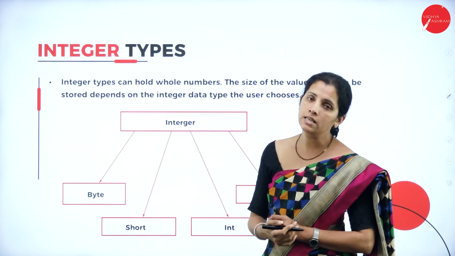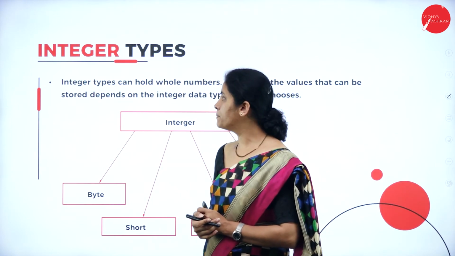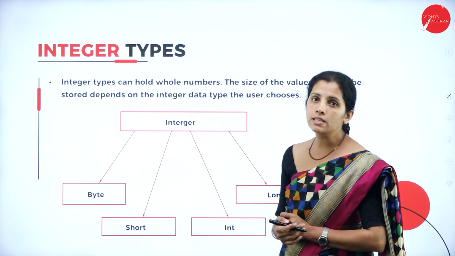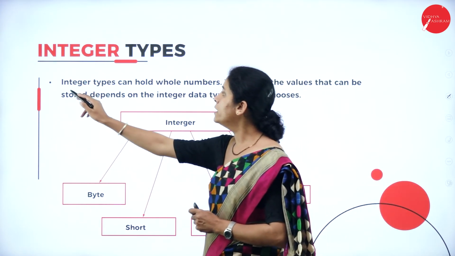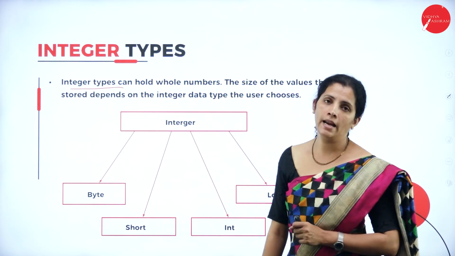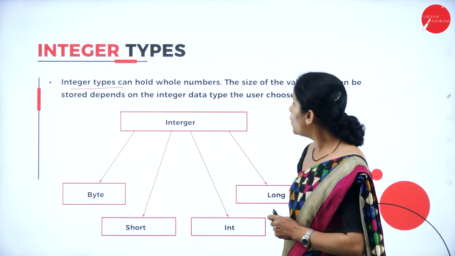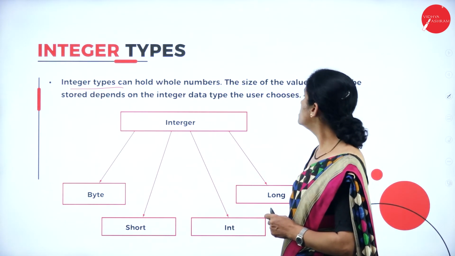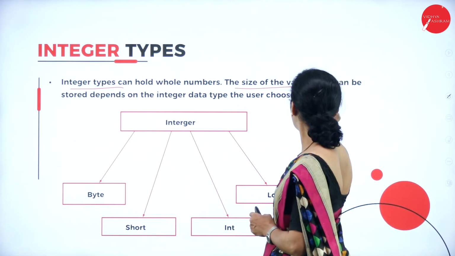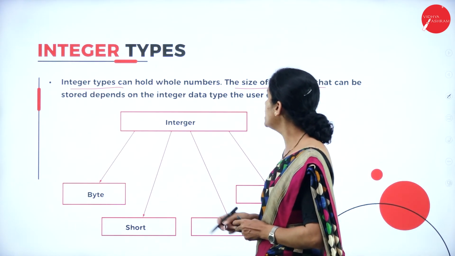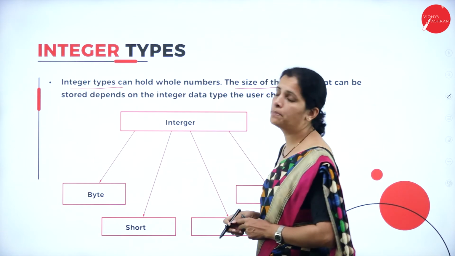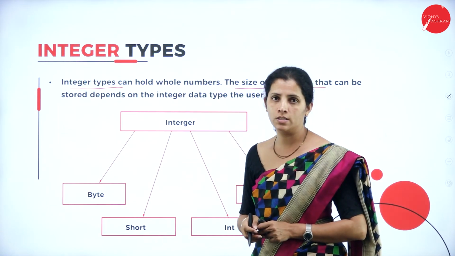Now, if I consider the integer data type, integer in the sense what? It's nothing but a whole number. The integer data type is capable of holding whole numbers, and the size of the value that can be stored depends on the integer data type the user chose.